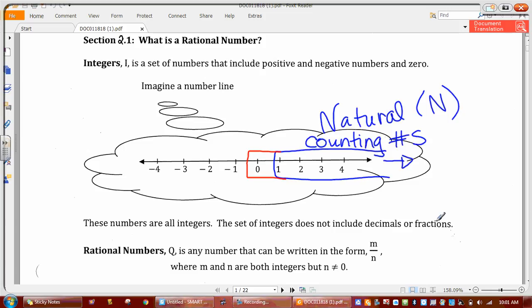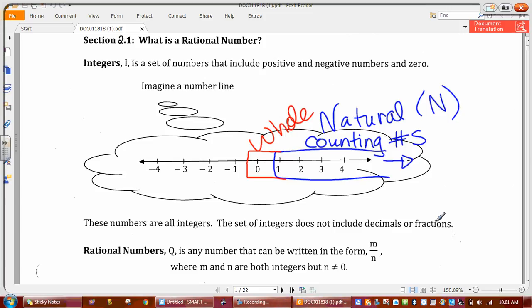Aren't there numbers after infinity? No, infinity goes on forever. So if we include 0, they are now called whole numbers. So whole numbers are natural numbers, including 0, basically.